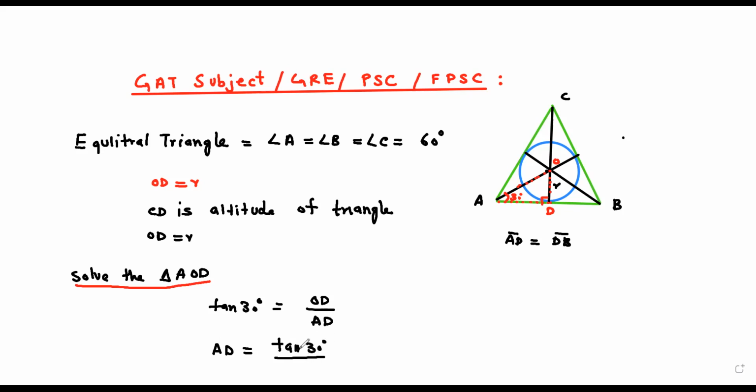This will be equal to OD over tan of 30-degree. OD is equal to R and tan of 30-degree is equal to 1 by square root of 3. I will write here tan of 30-degree is equal to 1 by square root of 3.